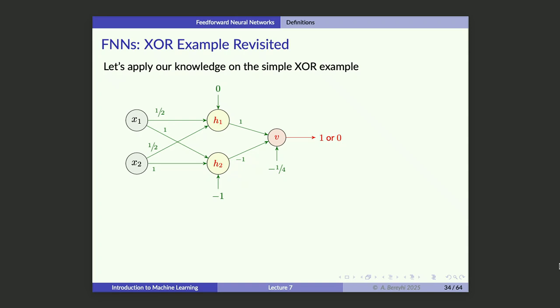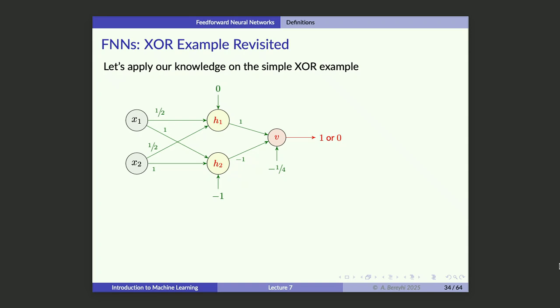So here, as you can see, I have two different inputs. These parameters that you see here are exactly the parameters we had in our example. If you remember, we had 1/2, 1/2, and then 1/2, 1/2, added up, 0 bias, then activated by ReLU, right? So I put everything exactly as before, okay? Now look at this. First of all, what is the input layer? The first one, right?